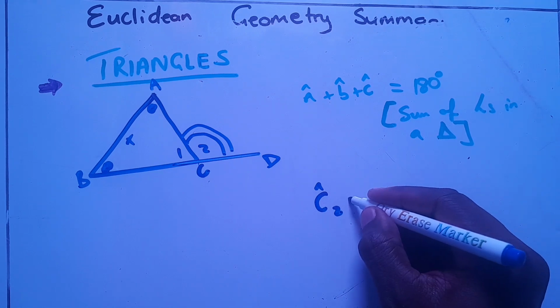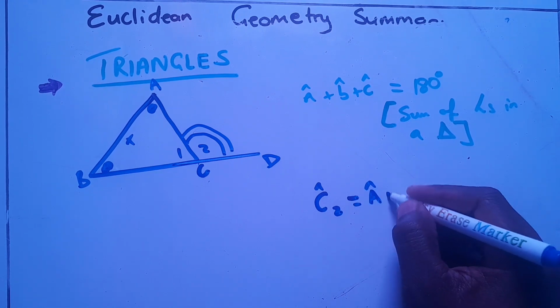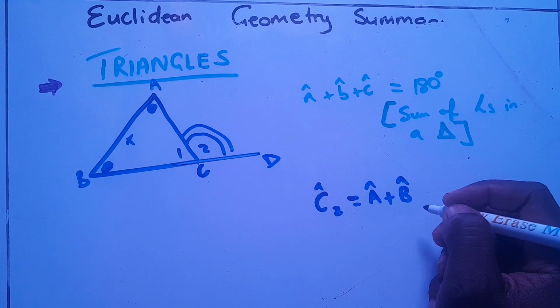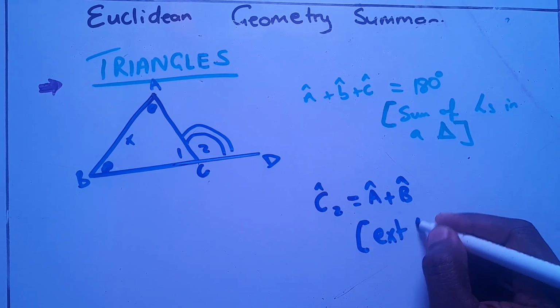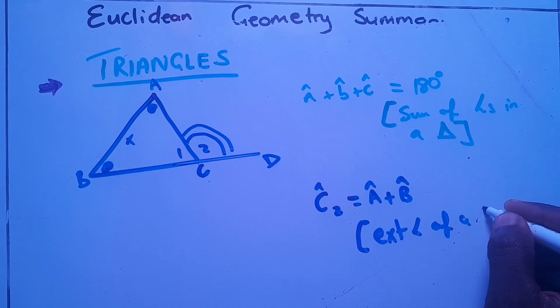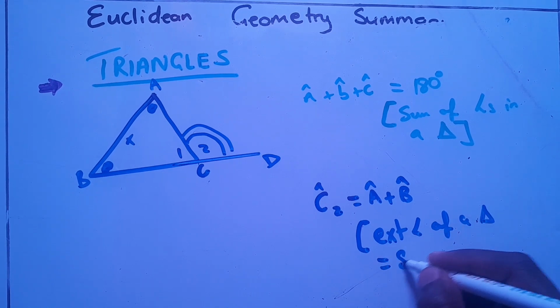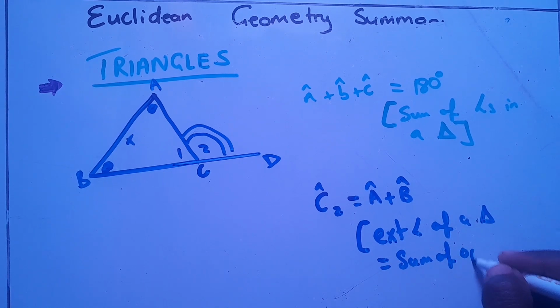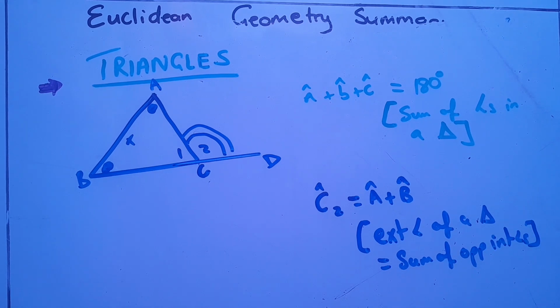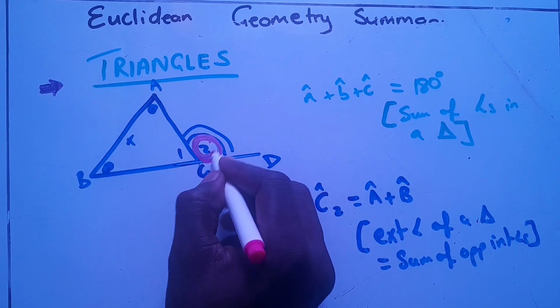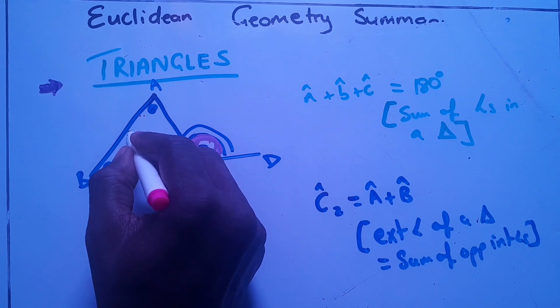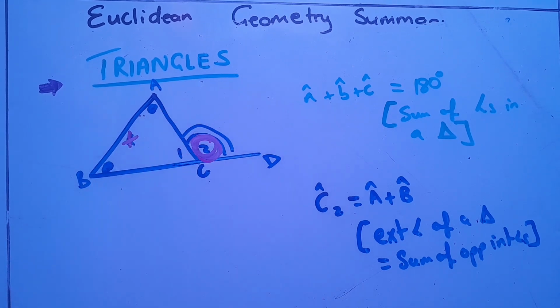So our angle C2 is equal to our angle A plus our angle B, right? And we say this is the exterior angle of a triangle being equal to the sum of opposite interior angles. So the exterior angle of a triangle, this exterior angle, is equal to the sum of the opposite interior angles. So this plus this give us this.